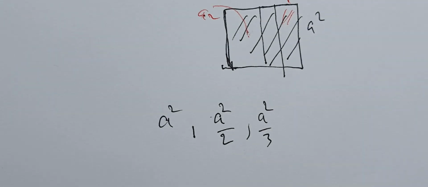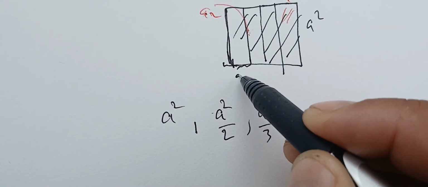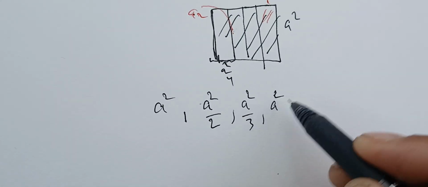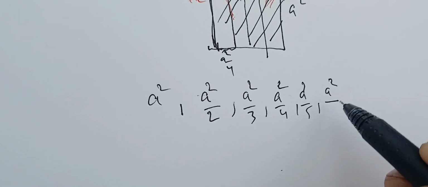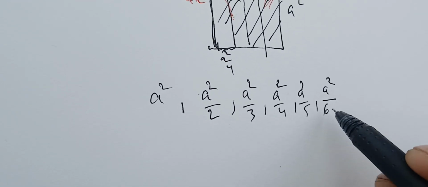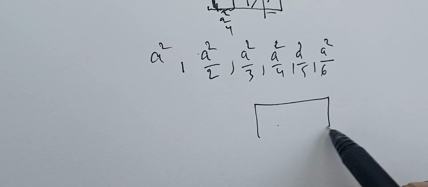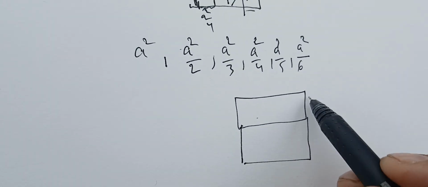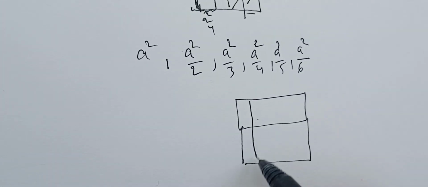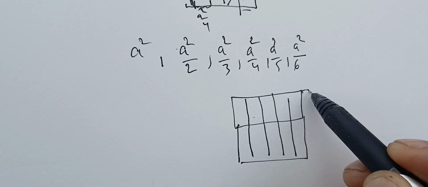If we split it for 4 people, we get this one, a squared over 4. So we get a squared over 4, a squared over 5 for 5 people, a squared over 6. Let's do it here. So here we have 1, 2, 3, 4, 5 to make it square.